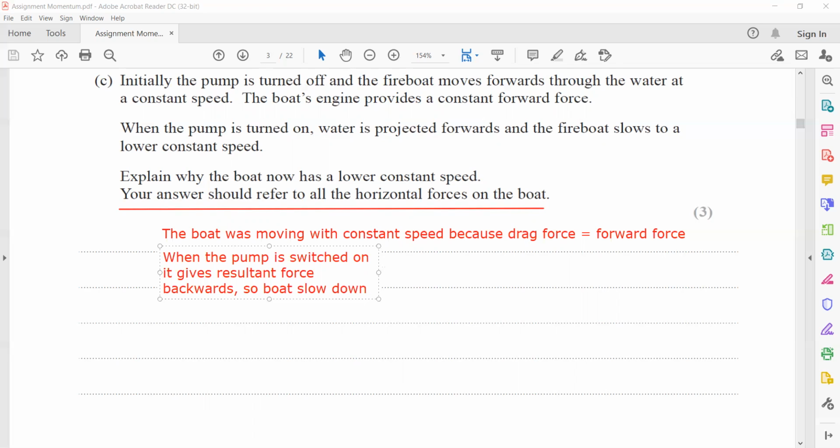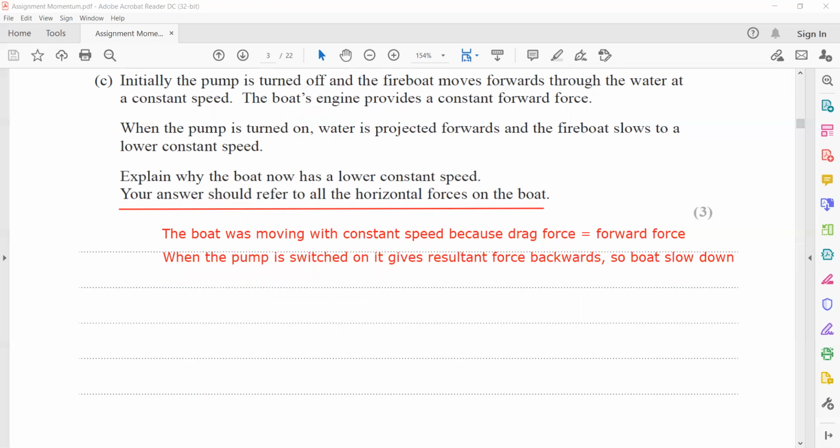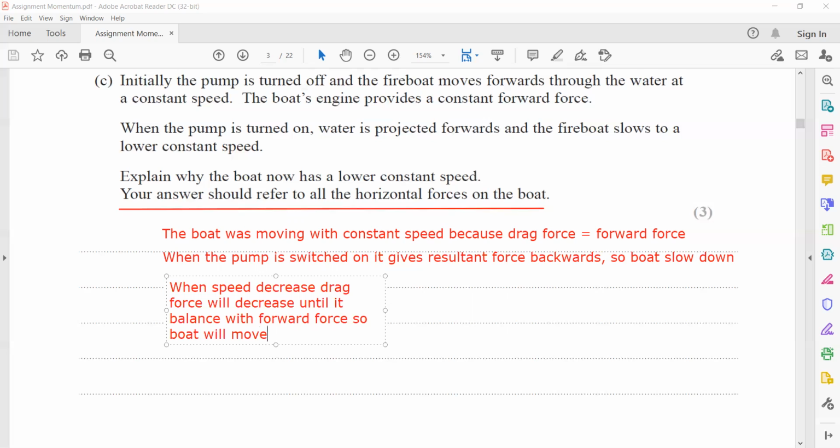And then again it moves with a constant speed. So why does it move with a constant speed? Because when the speed decreases, the drag will also decrease, until it balances with the forward force again. So the boat will continue to move at a lower constant speed.